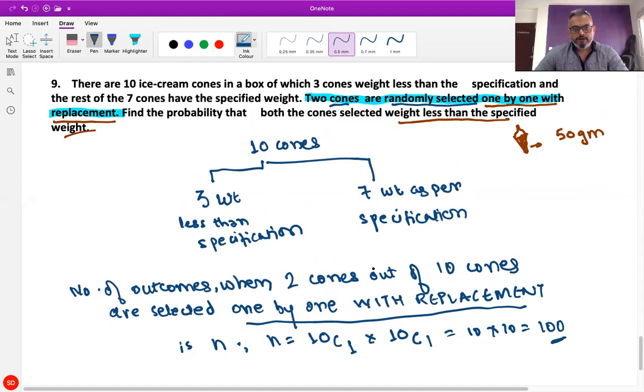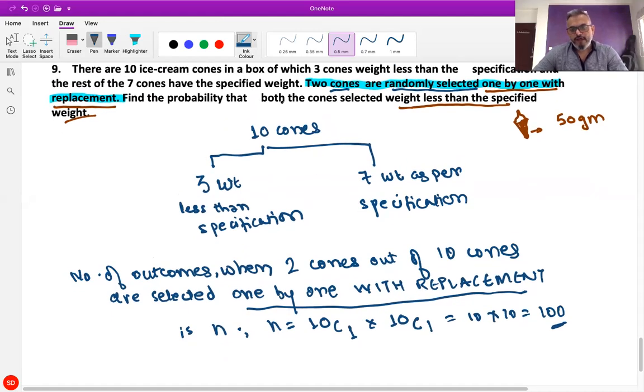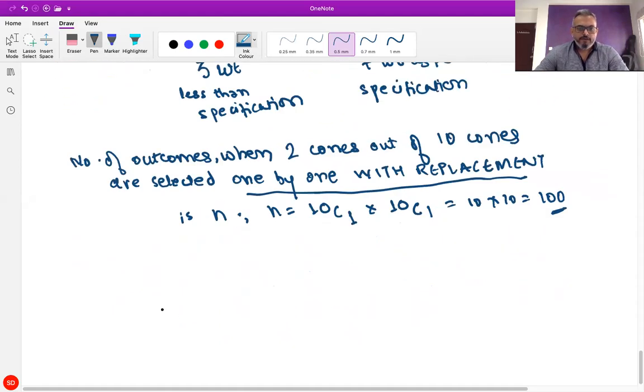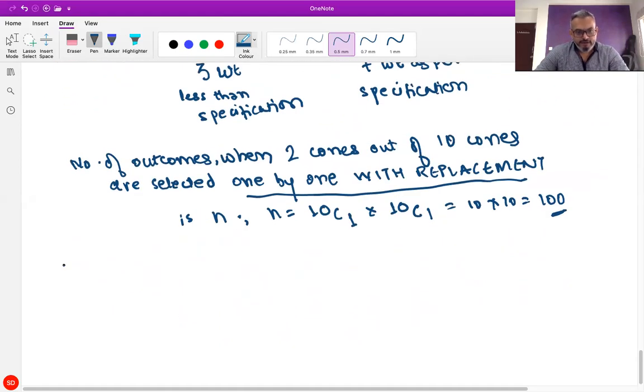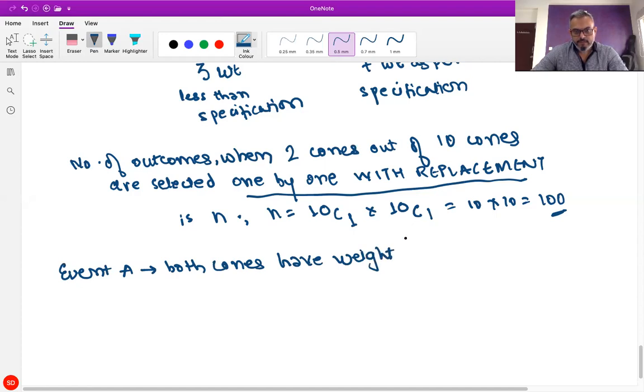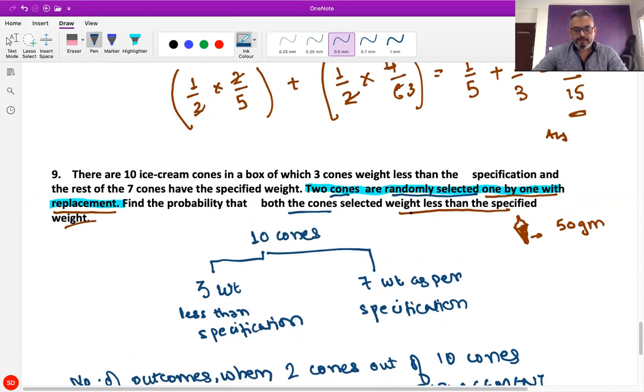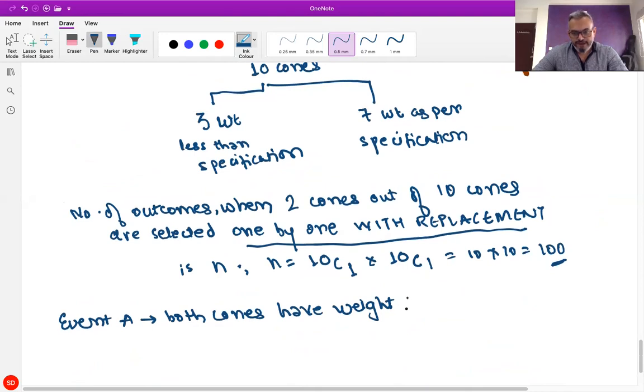Now we have to find the probability that both the cones selected. So we can take it as an event. Event A denotes that both cones have weight less than specified.